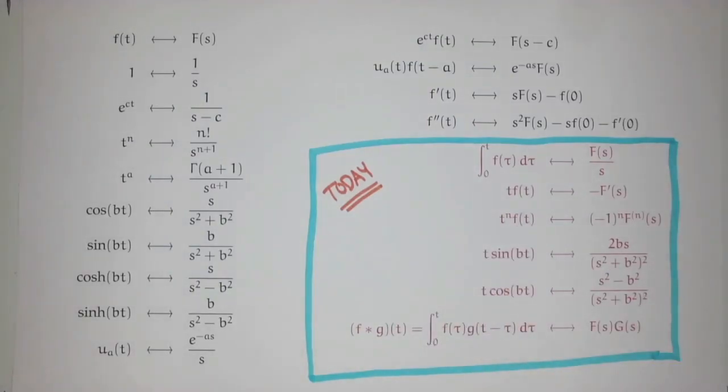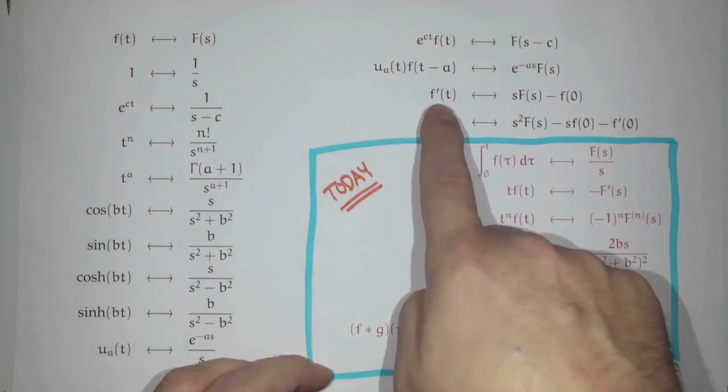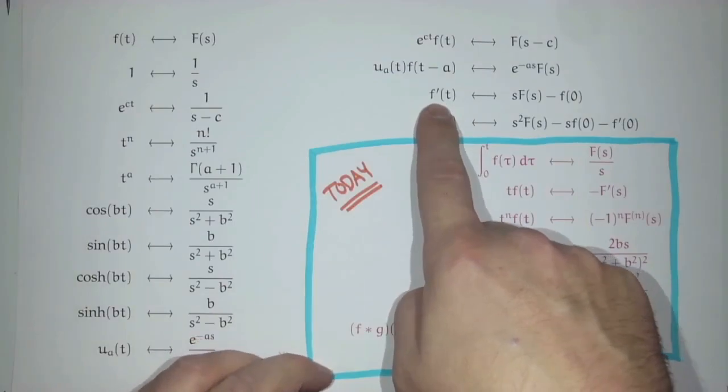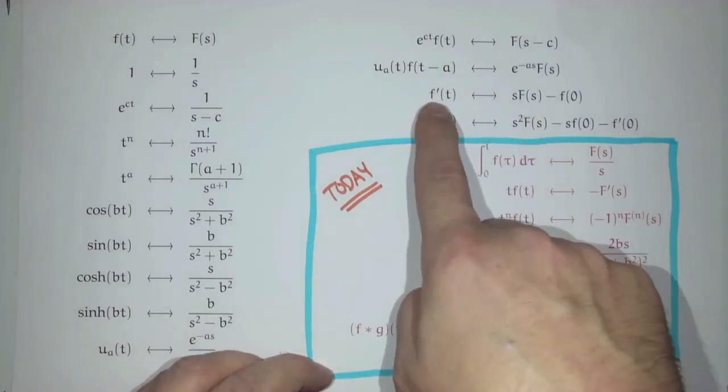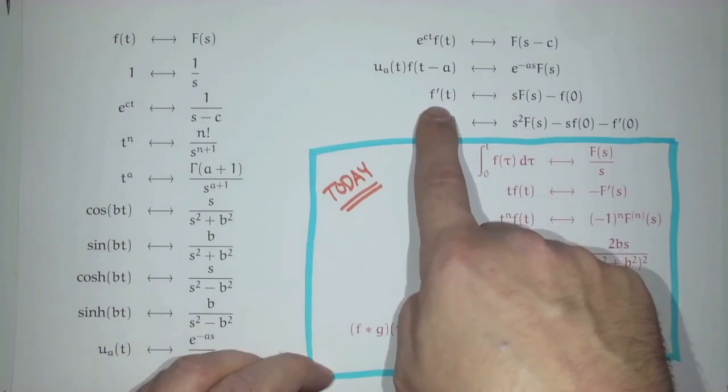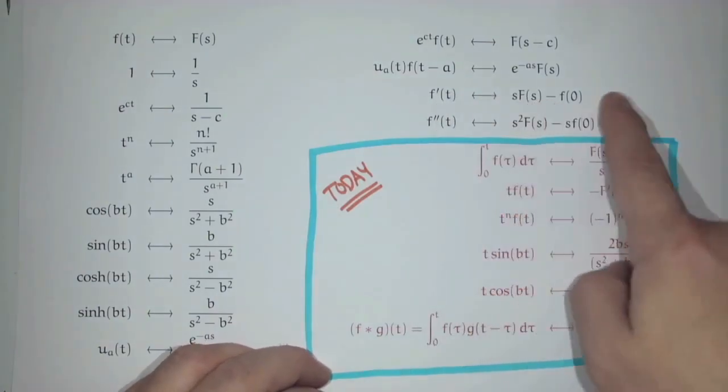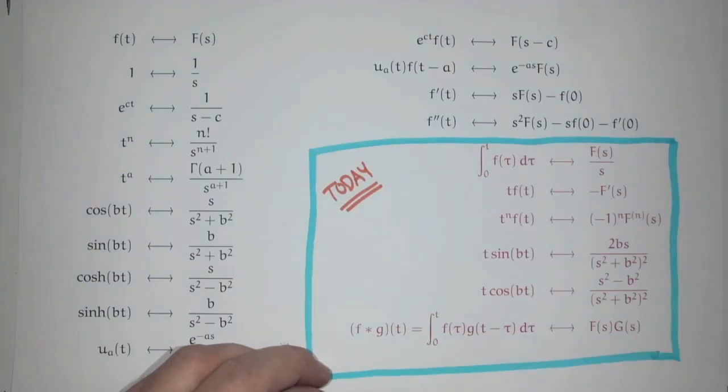And the nice thing is there's a theme going on, which says, hey, when I looked at taking the derivative, it essentially resulted in multiplying by s. So when I start with f prime of t on the one side, I get s F of s on the other side. Well, there's a little bit of a correction there.